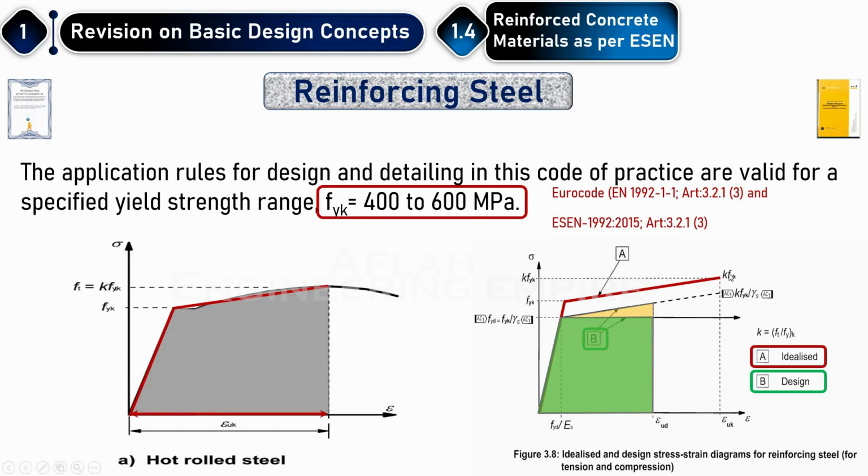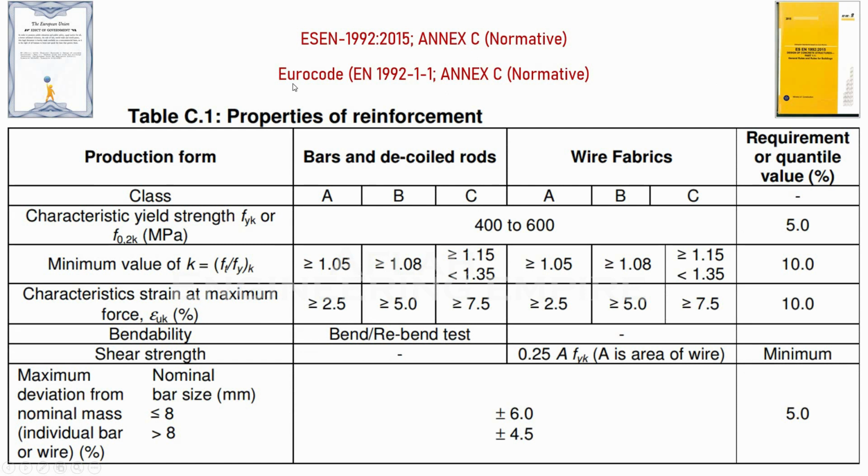Now what is this k? This k is given in the code, in Annex C of both the Ethiopian code and the Eurocode, for classes A, B, and C. Regarding the ductility we were talking about, class A possesses around 2.5, whereas class B has 5%, and class C has very high ductility, greater than or equal to 7.5.